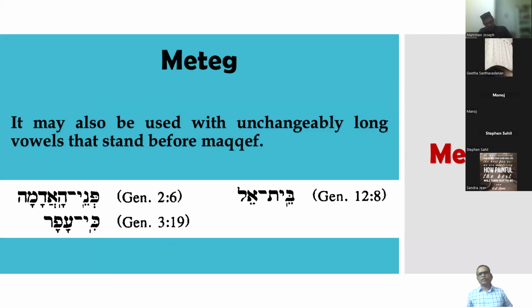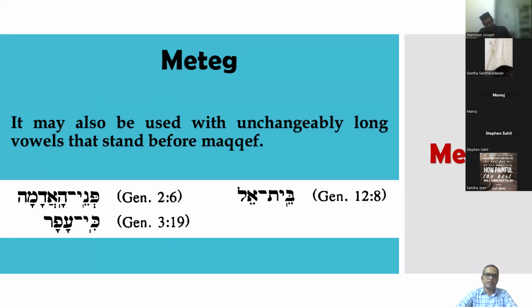What you have to understand here is that even though it is an unchangeably long vowel, it should not give any stress, because makaf is used to join two or three words, and automatically the stress will come to the last syllable of the last word in that chain. If one, two, three words are joined together with makaf, the last syllable will be the accented syllable.